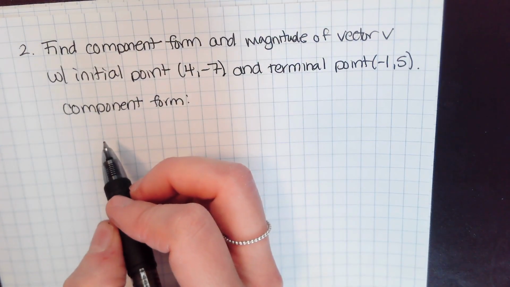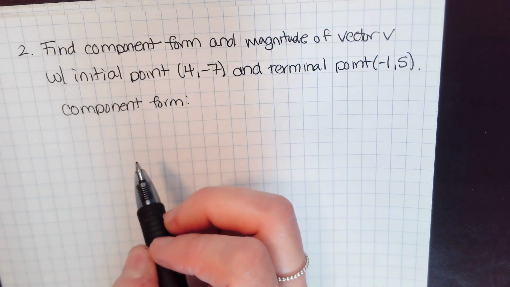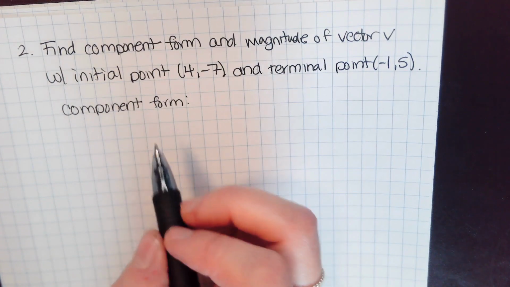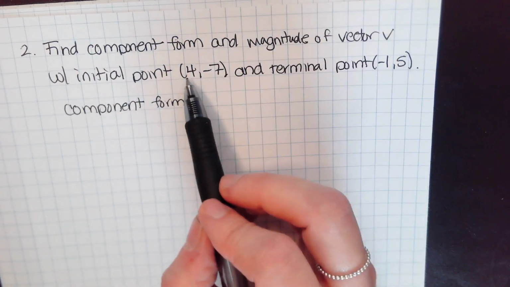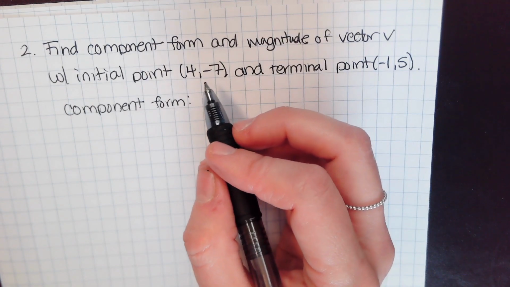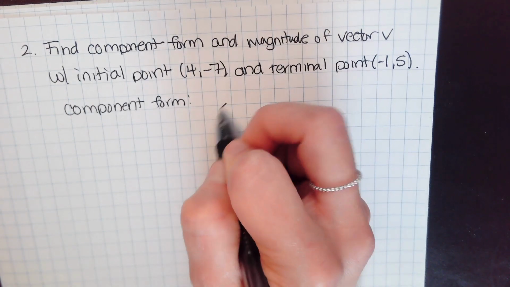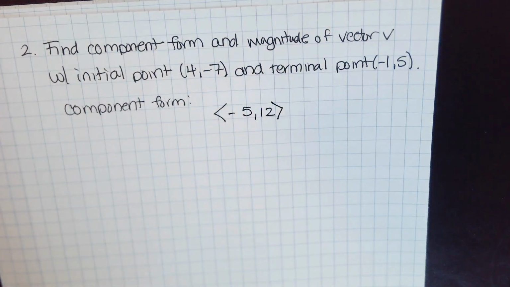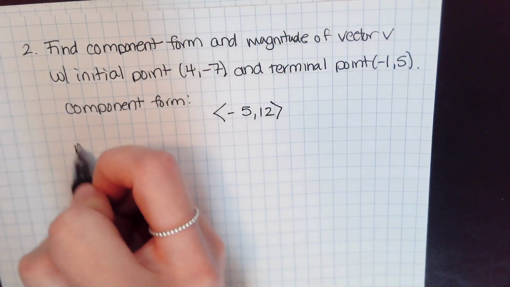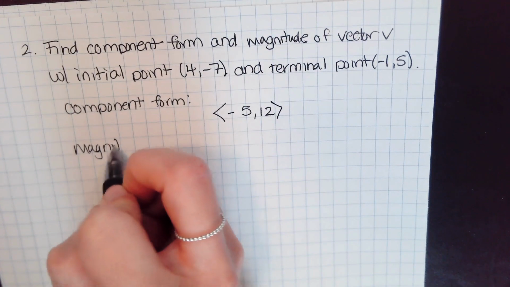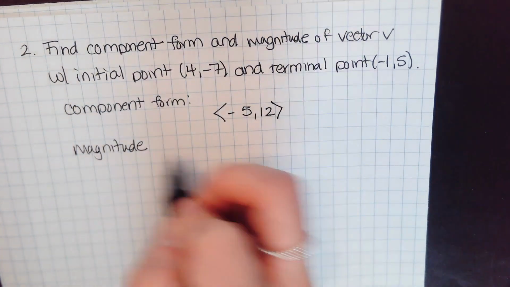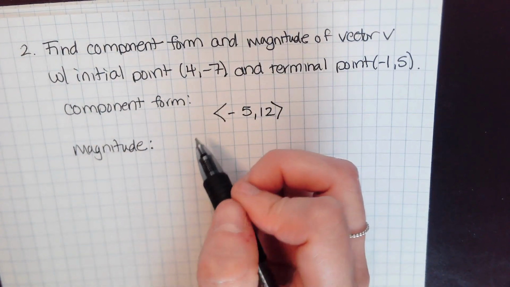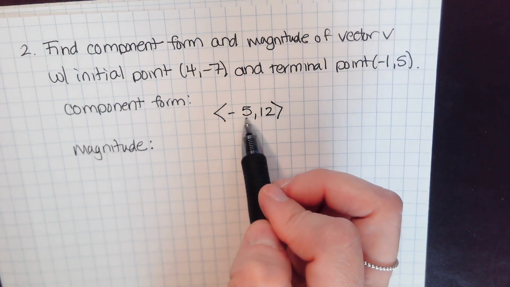All right, for your component form, again, you're doing terminal minus initial, so you should have had -1 minus 4 and 5 minus -7, so your final answer should be <-5, 12>. I want to see on your notes that you have shown that work of doing terminal minus initial. For the magnitude, you would be squaring -5.